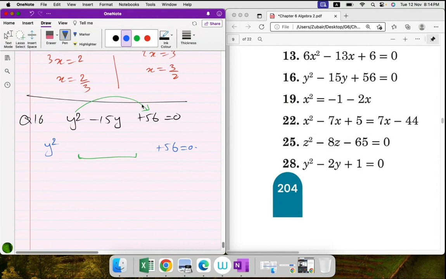Still thinking? So 7 and 8. 56 is 7 and 8.